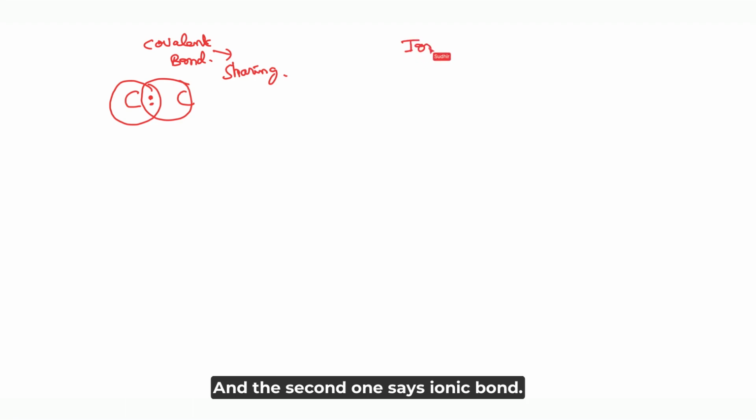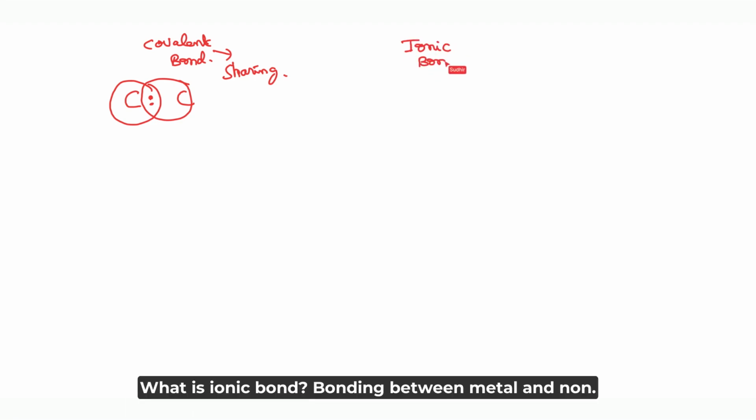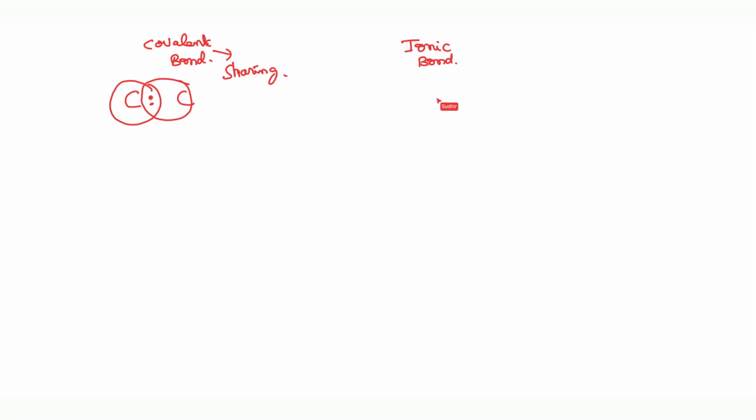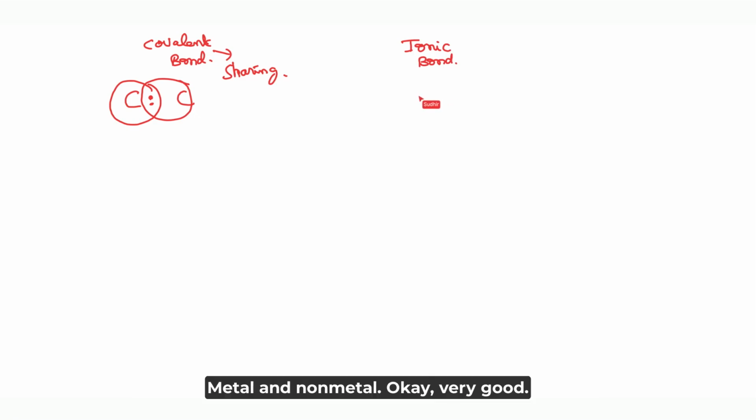The second one is ionic bond. What is an ionic bond? Bonding between a metal and a non-metal. The bonding is based on transfer of electrons.